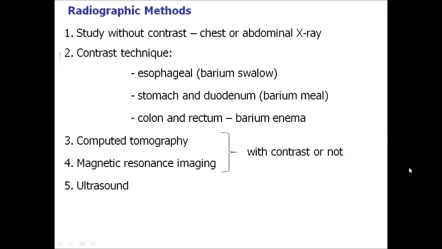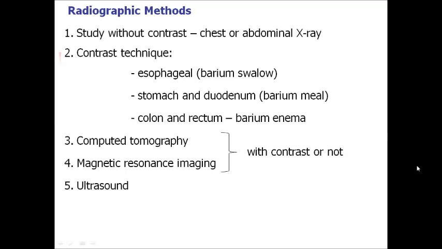For esophagus, it's usually barium swallow, for stomach and duodenum, barium meal, and for colon and rectum, barium enema. Computed tomography or magnetic resonance imaging also may be used with contrast enhancement or without, as you need, depending on your diagnostic tasks.